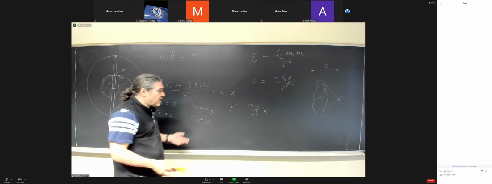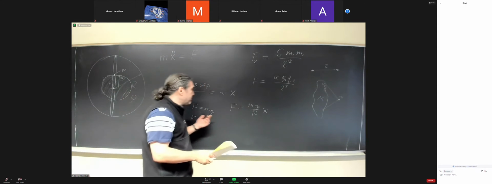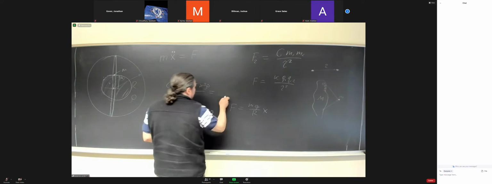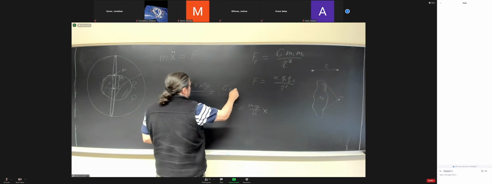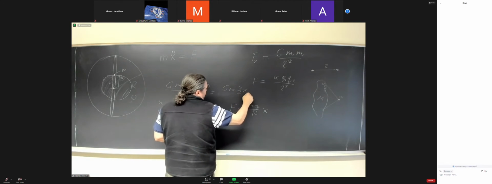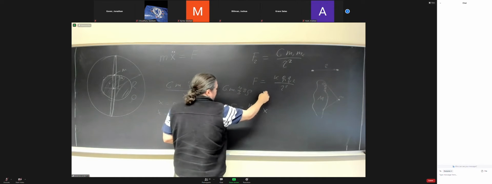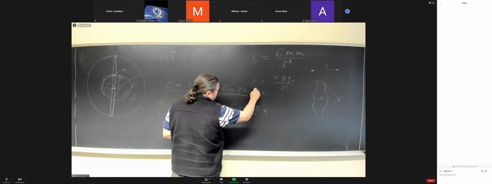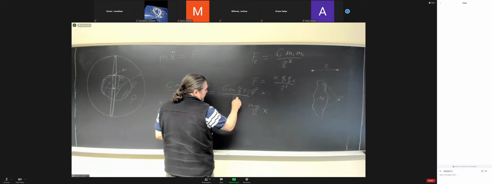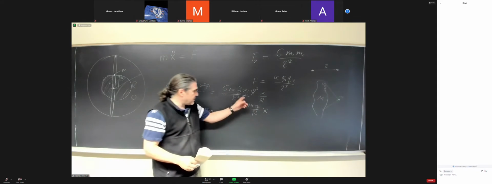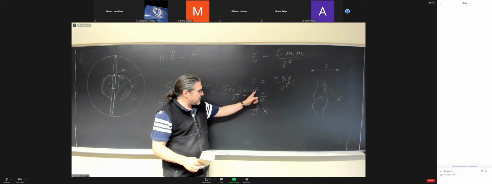Yes. Of course, you can do it differently, right? You can write that this is G m four thirds pi rho. Then you write x here, then you multiply by r cubed divided by r squared divided by r, right? What I did here is r cubed downstairs, r cubed in front.